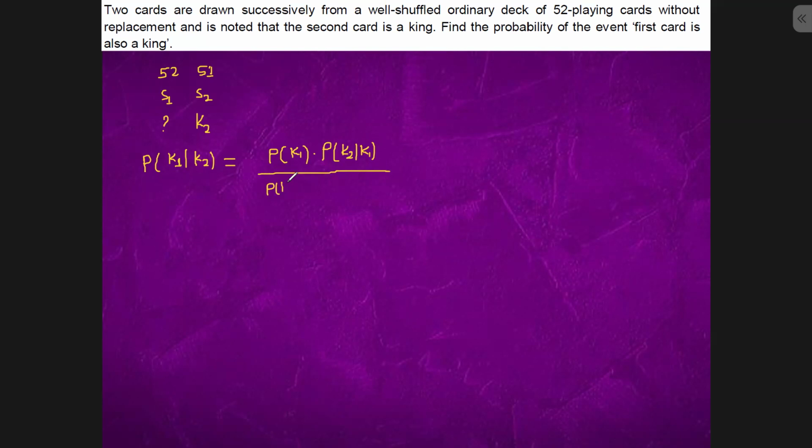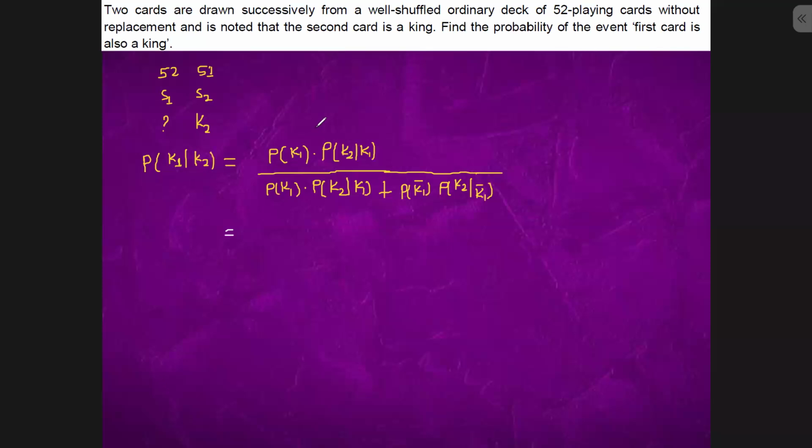And we have similarly P(K1), P(K2 given K1), and we have P(K2), second is king, given first card was not king, times P(K1 not). Given first card was king, if it is not king.